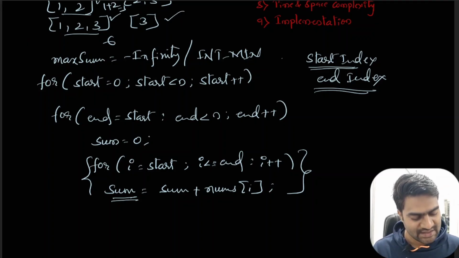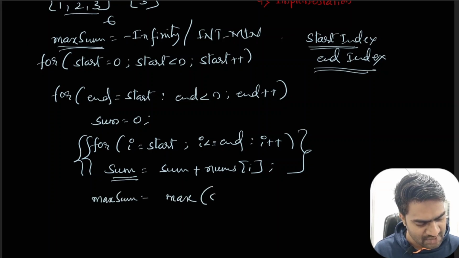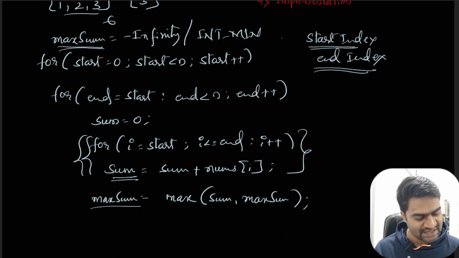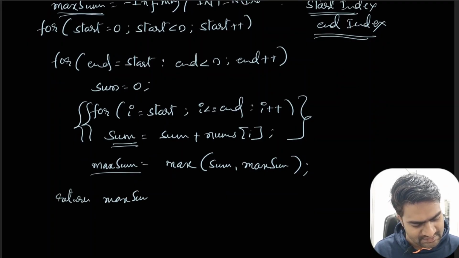So with that, we can try to update this max sum. So now after this for loop, I will say max sum equal to max of sum comma max sum. So this way we will update the max sum. Now finally at the end, simply return max sum.